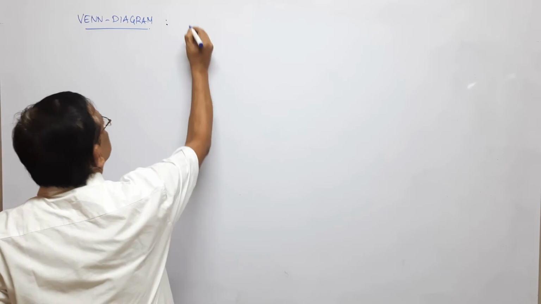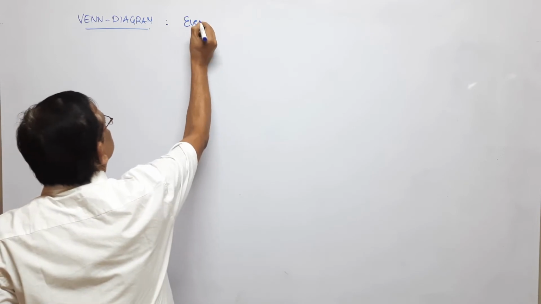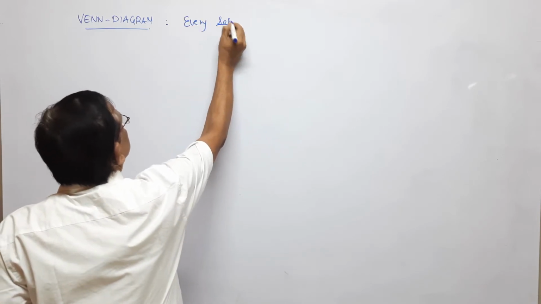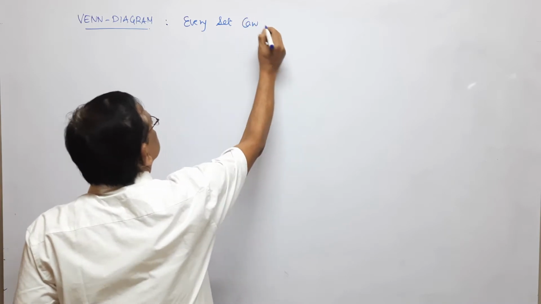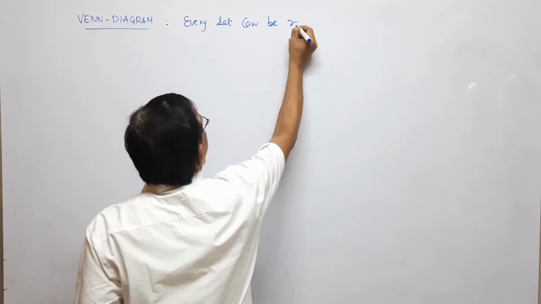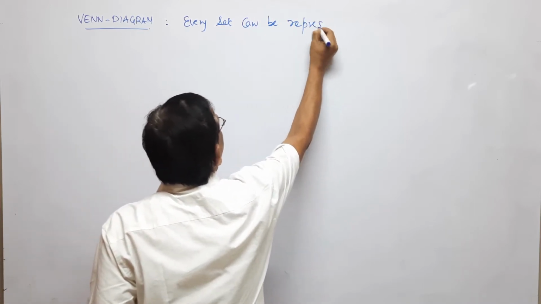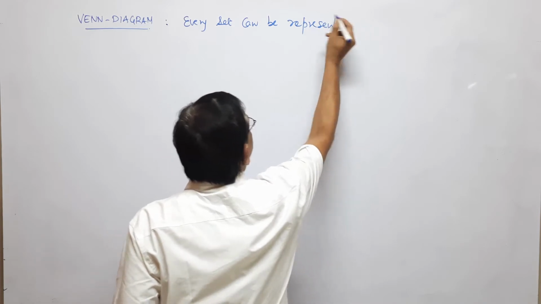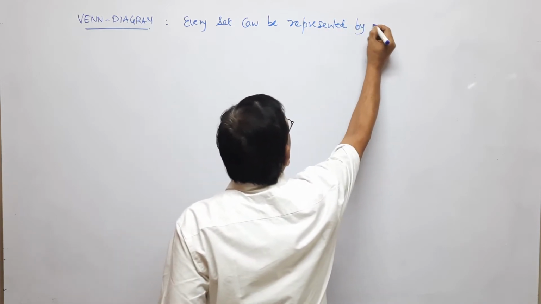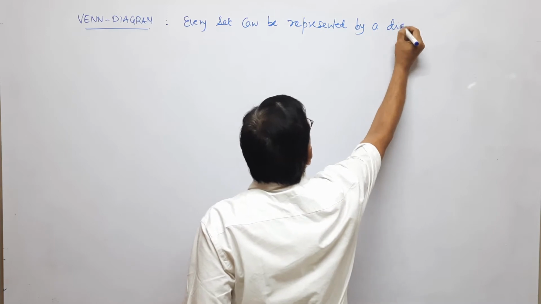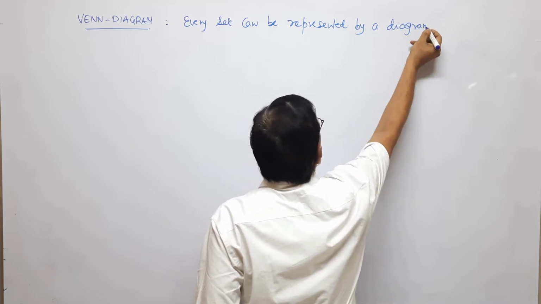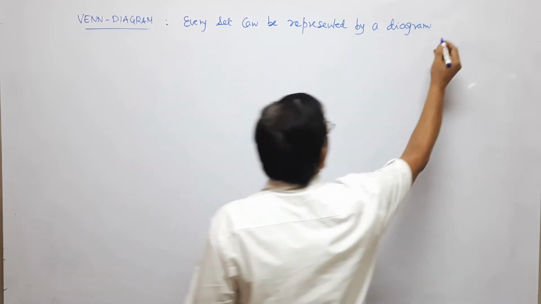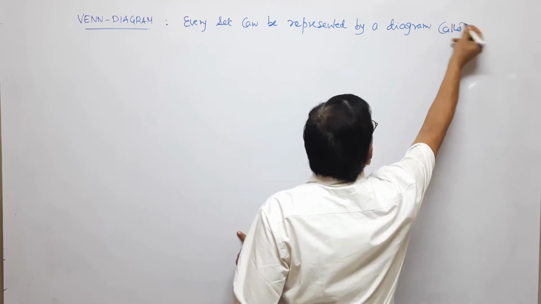Venn diagram. Every set can be represented by a diagram called Venn diagram.